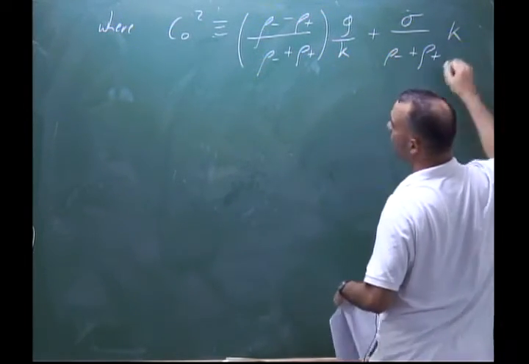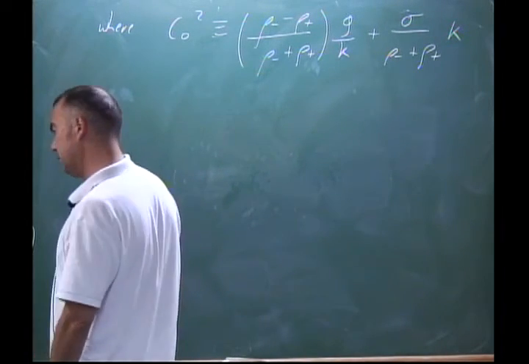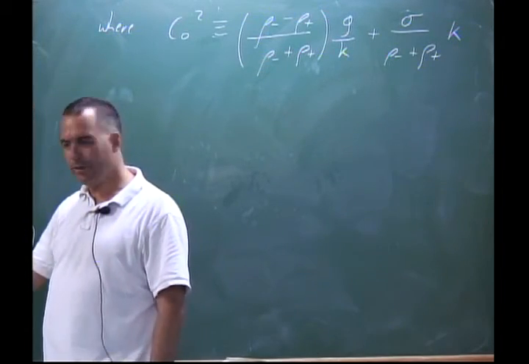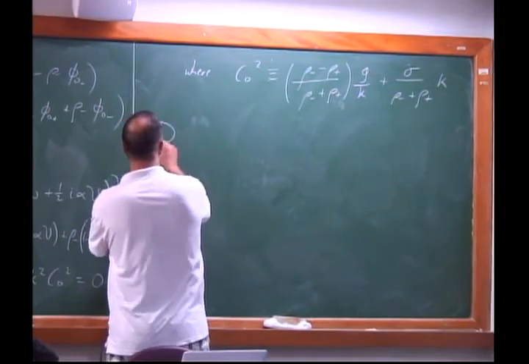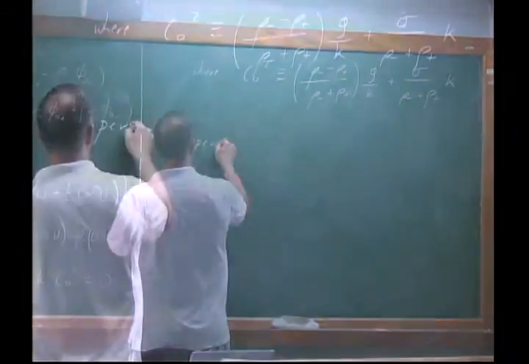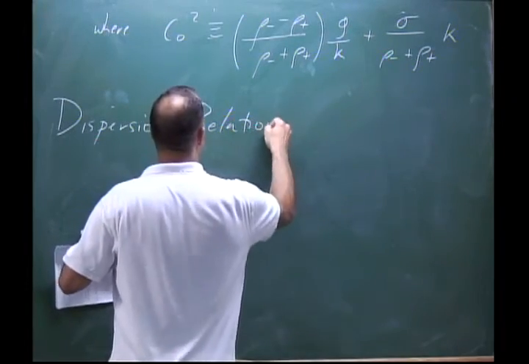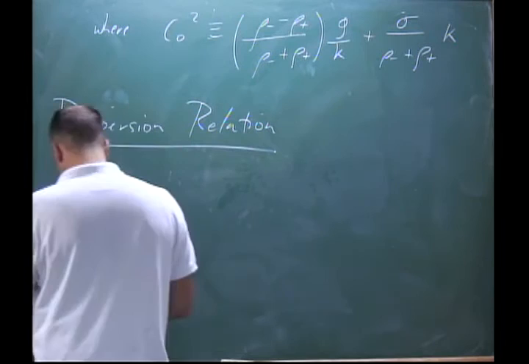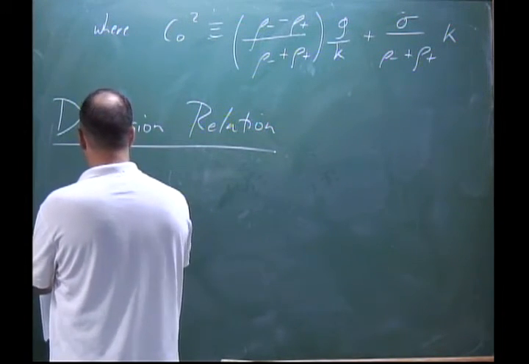Okay, so this is effectively just a quadratic, so we can solve it. And our long sought after dispersion relation, which is what one's looking at when one does linear perturbation theory, yields the following.